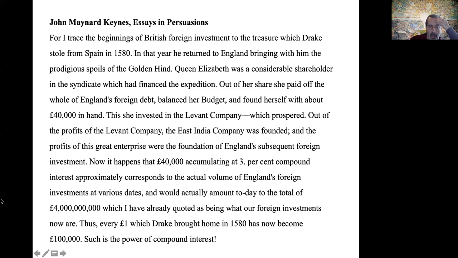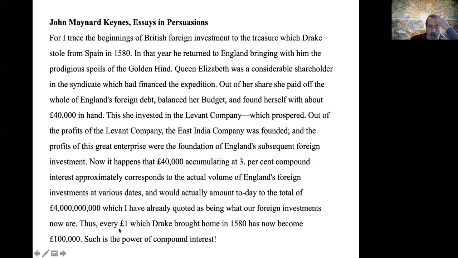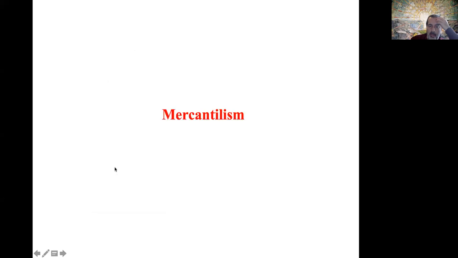So basically here, Keynes's calculation is here. It's interesting that every £1 which Drake brought home in 1580 has now become £100. Such is the power of compound interest. Of course, he talks about the importance of compound interest, but the story is very interesting, right?